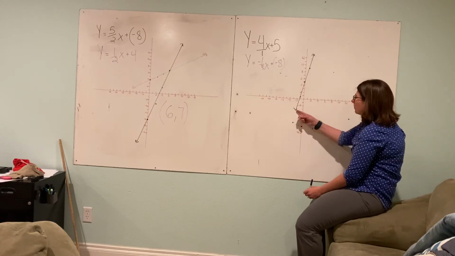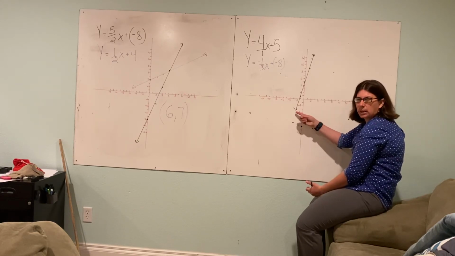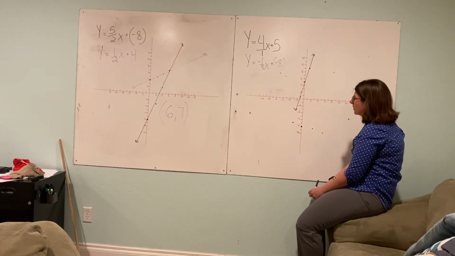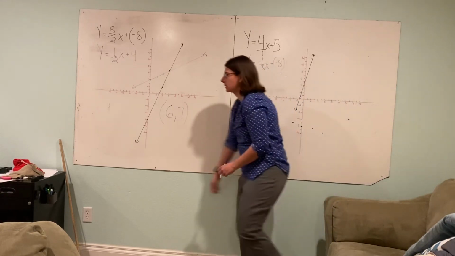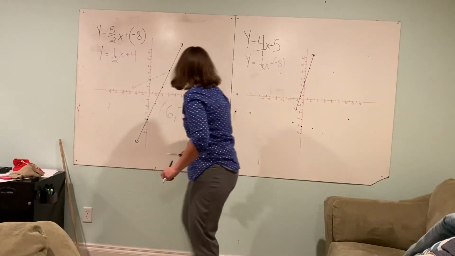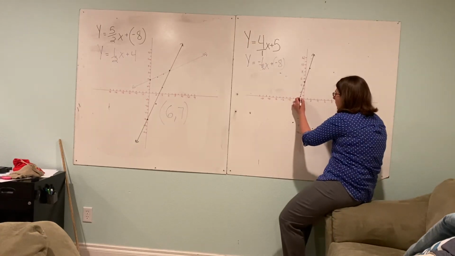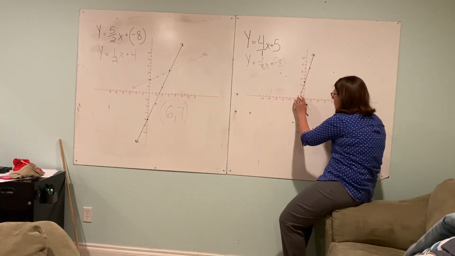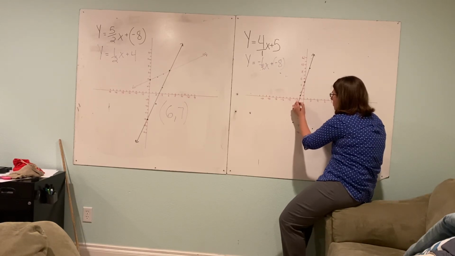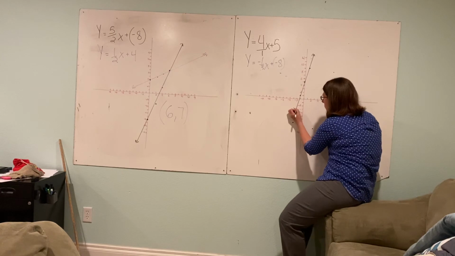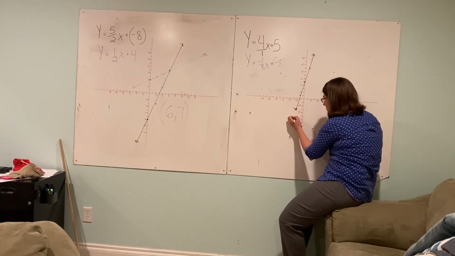And if you look, I kind of drew a wimpy line. This was my example of, hey, we've got to make sure our lines are longer, because we can't really tell where they're going to cross. So we're going to go back and look at that one. So that was 4. 1, 2, 3, 4, right 1. 1, 2, 3, 4, right 1.